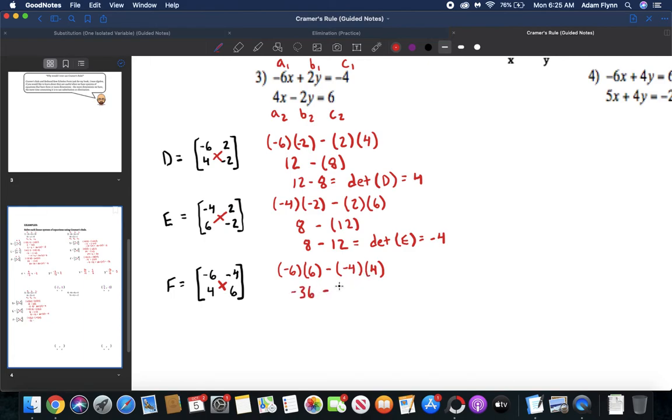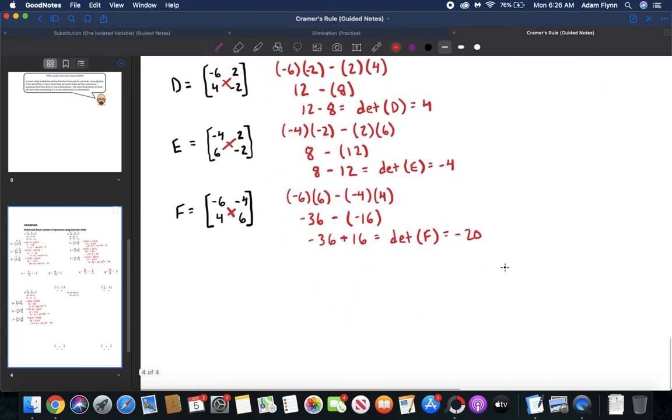Minus negative 4 times 4 is going to be negative 16. So if we simplify without parentheses, we've got back-to-back negatives here, so we've got negative 36 plus 16, which means the determinant of F is going to be negative 20.